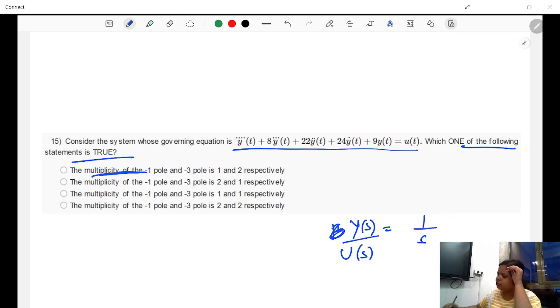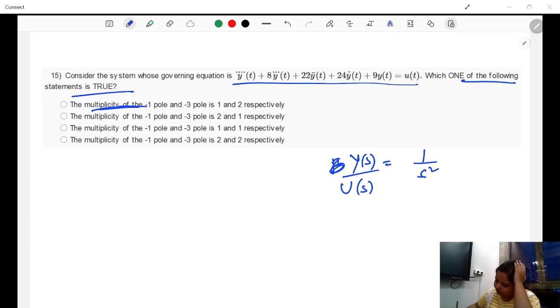What is the pole of the system? 1 upon s square. And how many poles are there? And what are they?